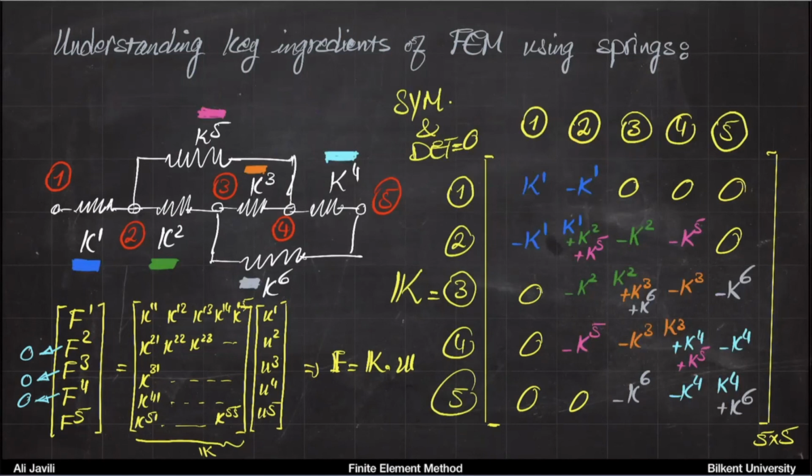It assumes they are numbers or they are functions. K6, for instance, could be a function of temperature. It could be a function of deformation. It could be a function of anything, but it's still a number and it's still entering exactly where it is in the system. Does that make sense? Yes, thank you. Sure.